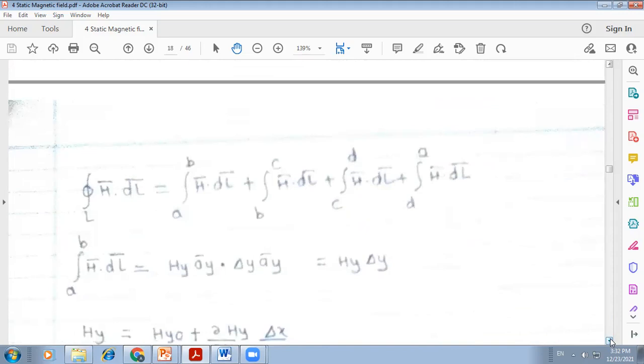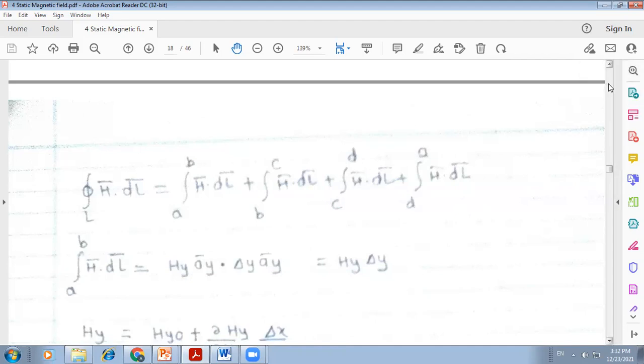We have to find the closed line integral. So the closed line integral of h bar dot dl bar, for that loop, is nothing but we have to split this into different sides, that is a to b, b to c, c to d and d to a.